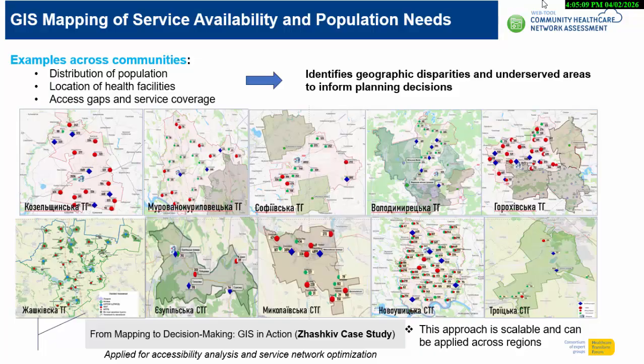We use GIS technologies with mapping for decision-making, like GIS in action, like the Zhashkiv case study, applied for accessibility analysis and service network optimization. This case was used to analyze accessibility and to inform service network optimization. And this is where data translates into planning decisions. This approach is scalable across communities and regions.